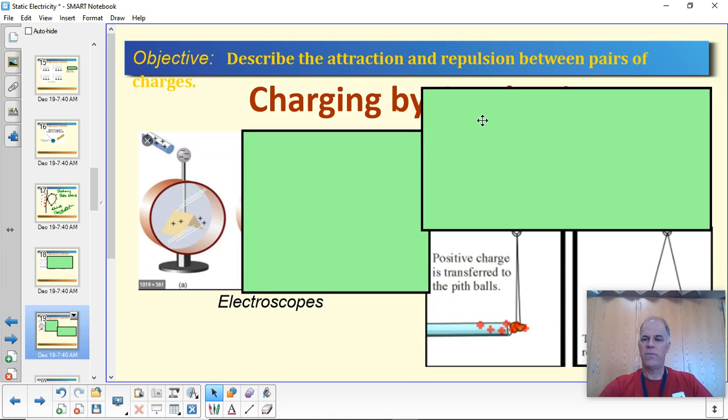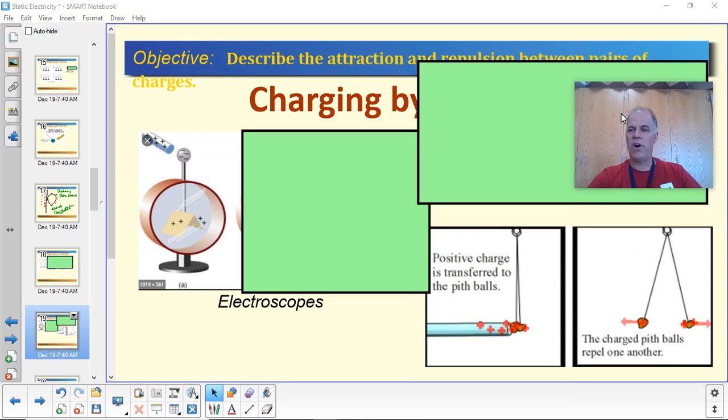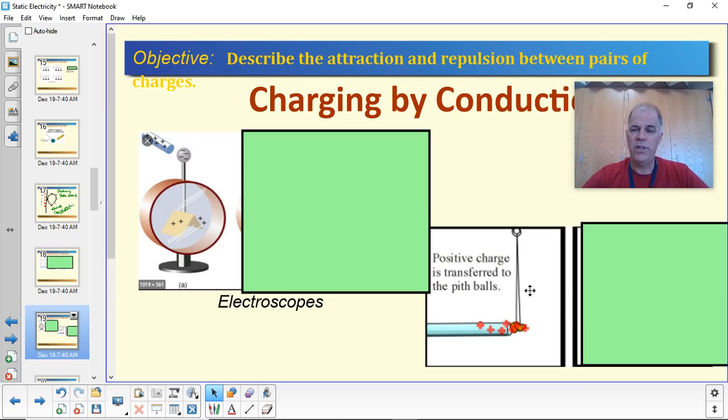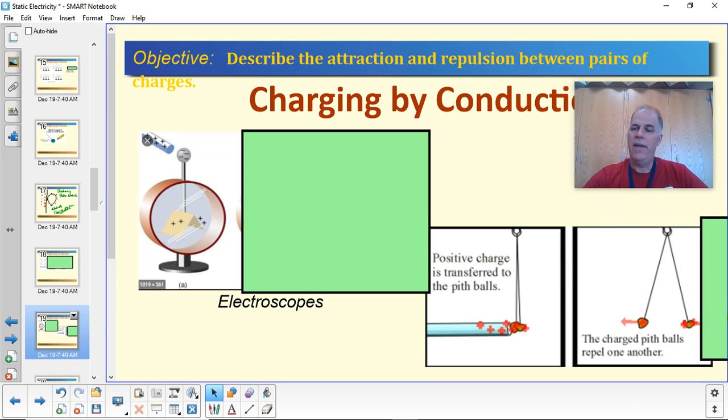Here's another one. Suppose we have a positive charge on a rod and we carry it to two little balls of cork. That's what they mean by pith balls. They're basically little balls of cork. The balls of cork are initially neutrally charged, but when we touch the two cork balls with the charged rod, it transfers charge to those and they will repel each other, just like the leaves in the electroscope.